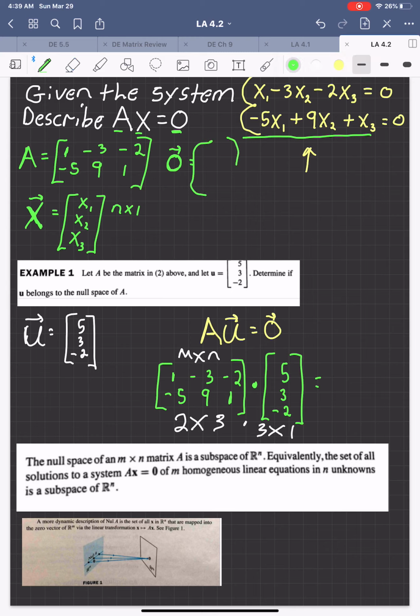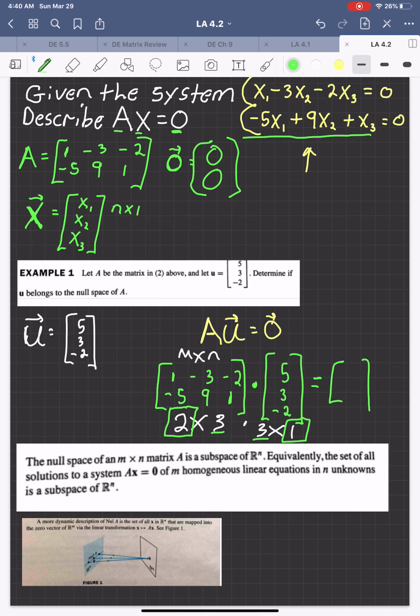Because in the context of this problem, the 0 vector should actually have 2 entries. So let me get back to the structure. We have 3 by our 3 in terms of our columns, and the rows here match, so structurally we can multiply, but this was the part where I got ahead of myself. The result is actually going to be a 2 by 1 matrix.